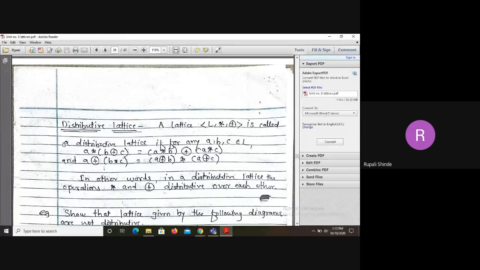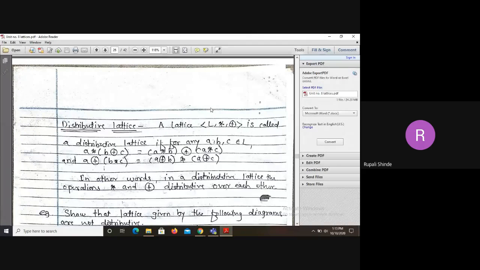So here we have just applied the distributive property on three elements of the lattice, A, B, C. A lattice which satisfies the distributive property is called a distributive lattice.